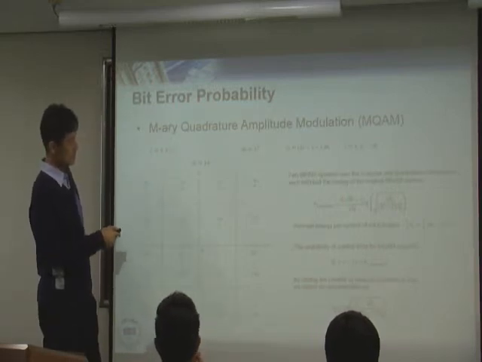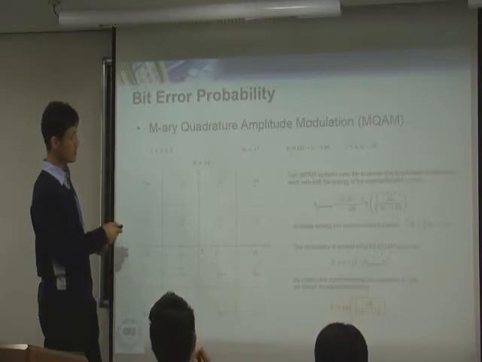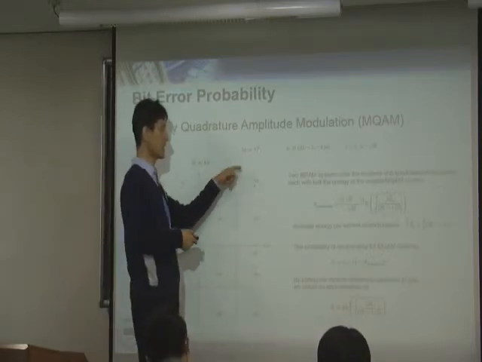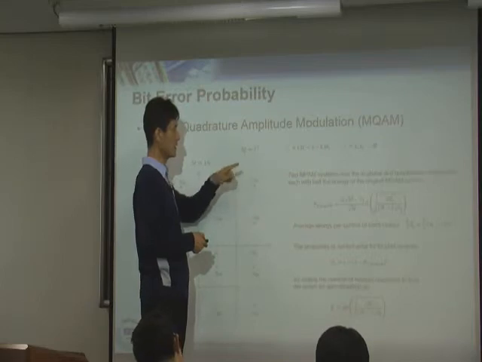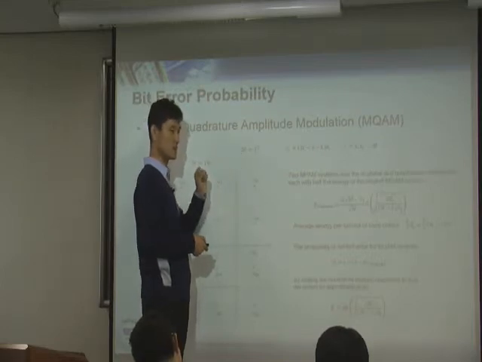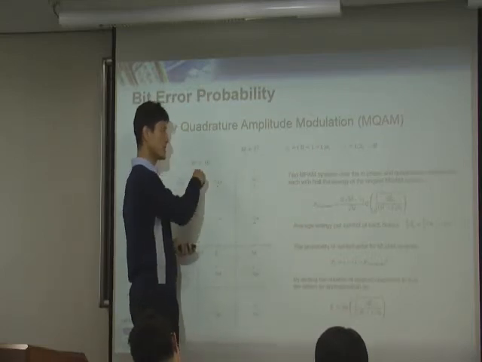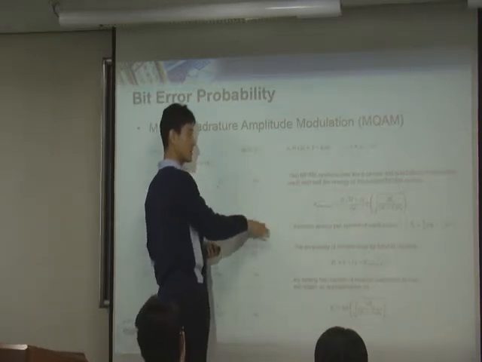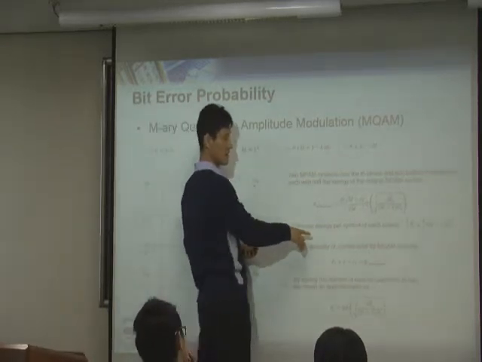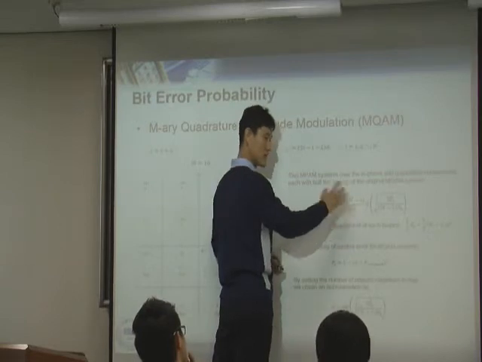Okay? So you replace this L, the previous L, in the previous slide we use M, right? That M and this M actually is a little bit different. The previous M is same as L in this picture. Okay? So earlier we have L right here in the previous picture.